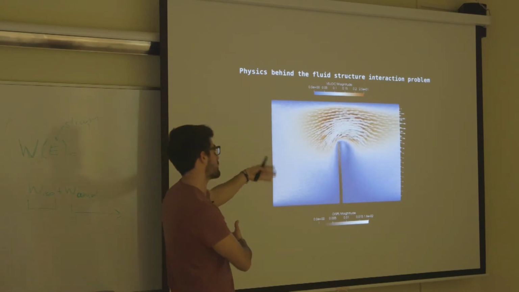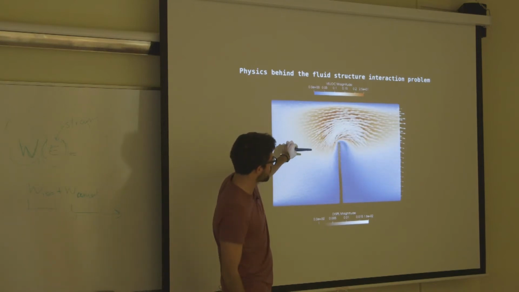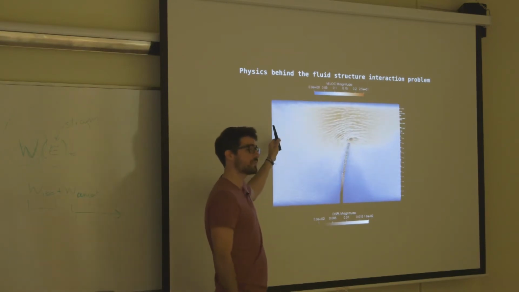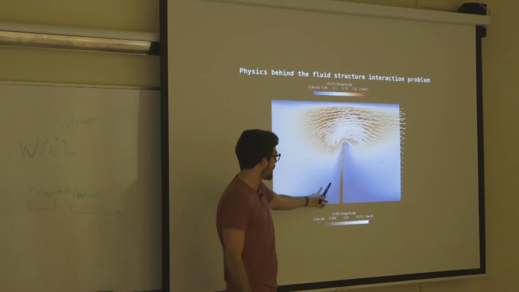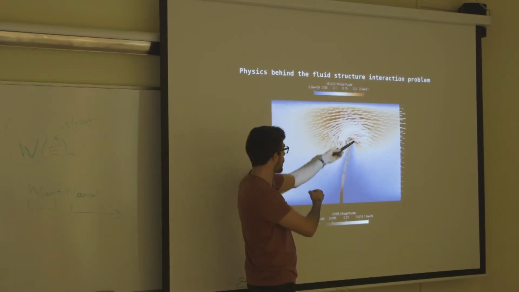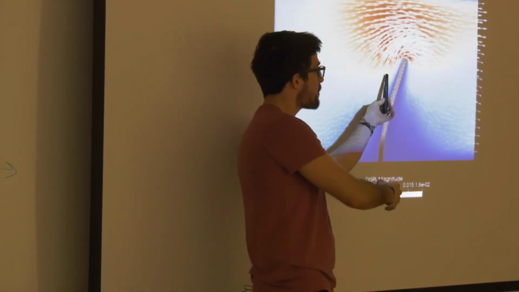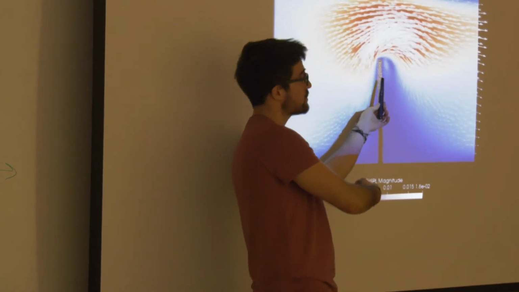So this is the simulation for that bar that I told you before. You can see the flow with the little arrows moving inside of the domain. This represents the flow inside of the tube, and this is the bar deforming due to the force done by the flow. But the thing is that when the bar deforms, the domain where you solve the Navier-Stokes equation also deforms.